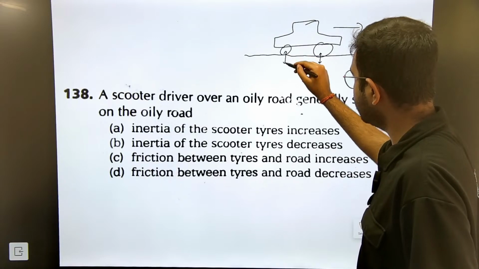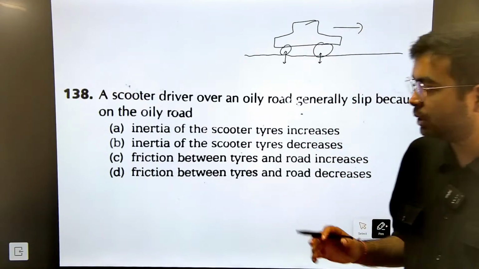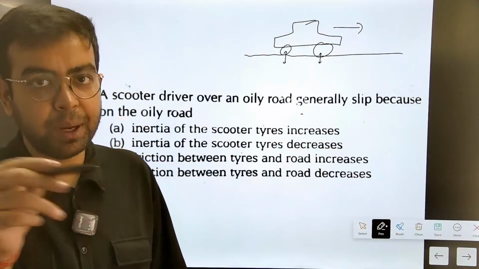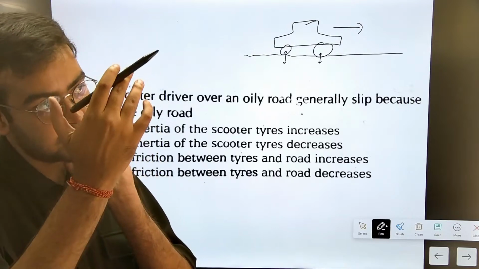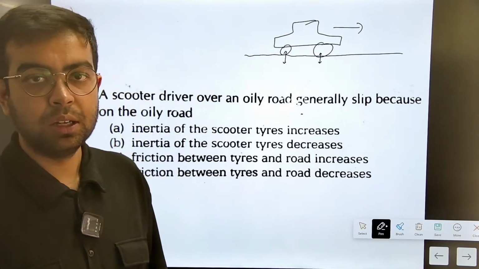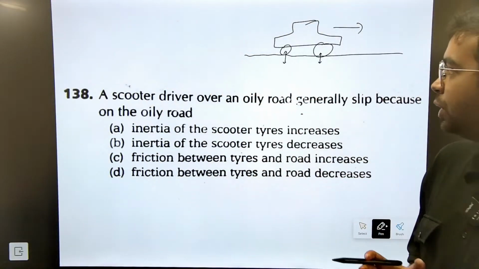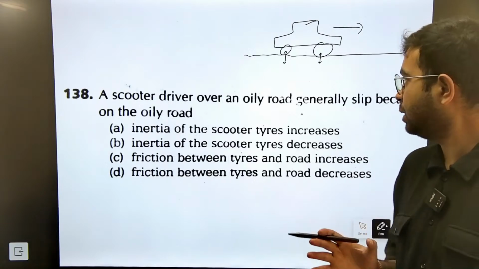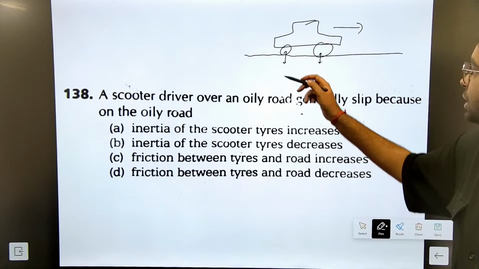Do you know why the rubber tires that we get come with those patterns, why are they never plain? Because the smoother the surface, the lower the friction, and with less friction there is a risk, a chance, of slipping.